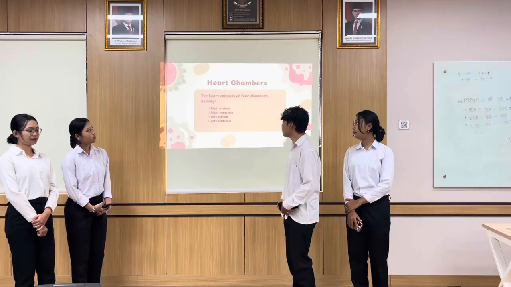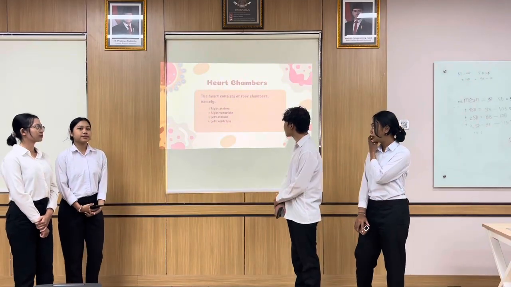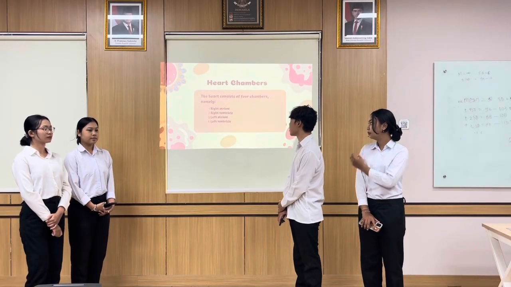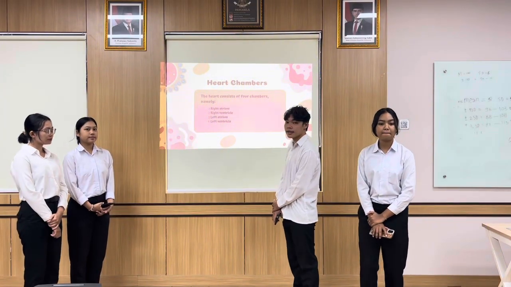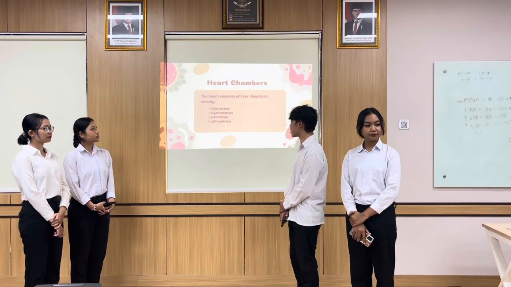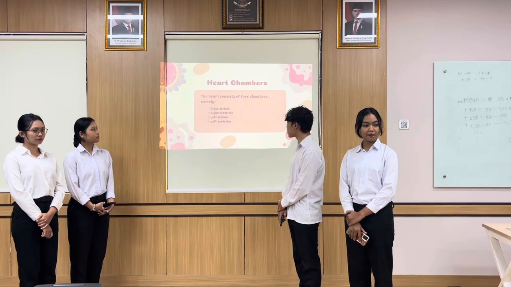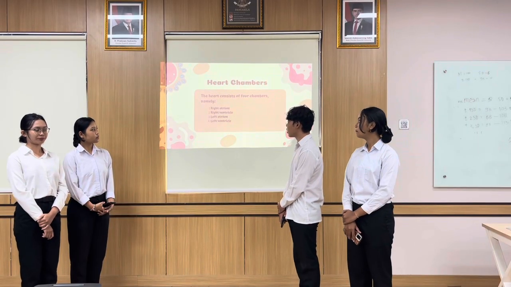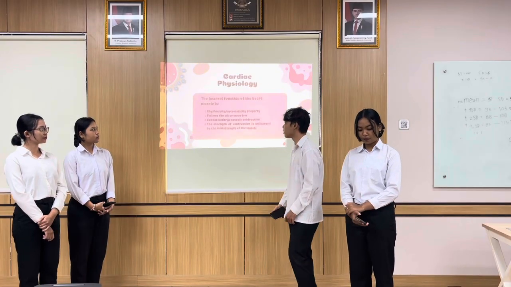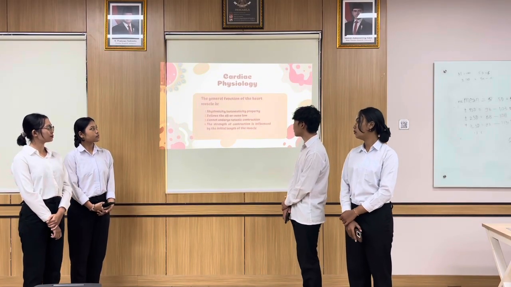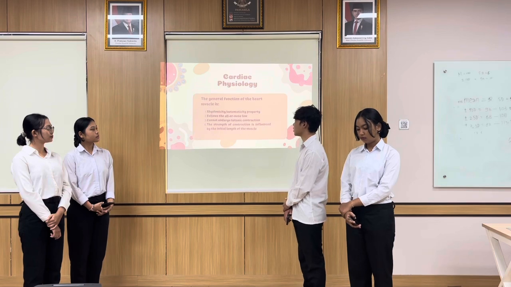For the next one, the heart consists of four chambers, namely: the first is the right atrium, the second is the right ventricle, the third is the left atrium, and the fourth is the left ventricle. The next one is the general function of the heart muscle.